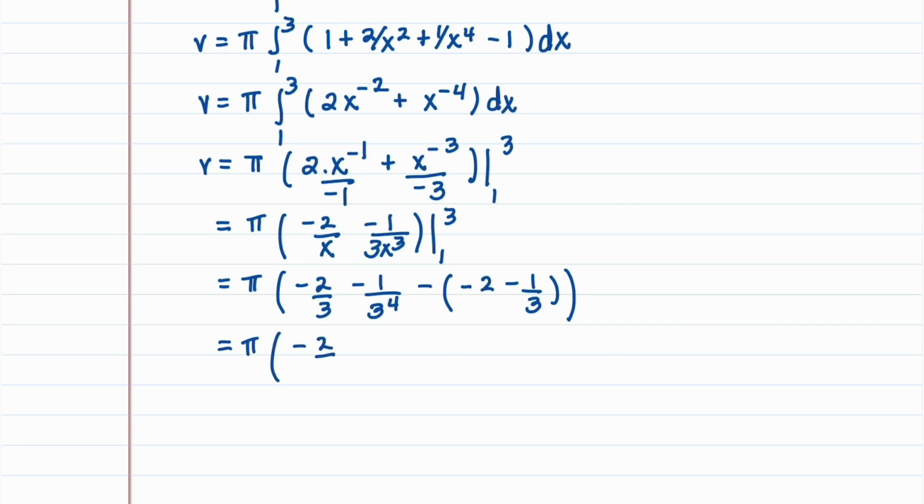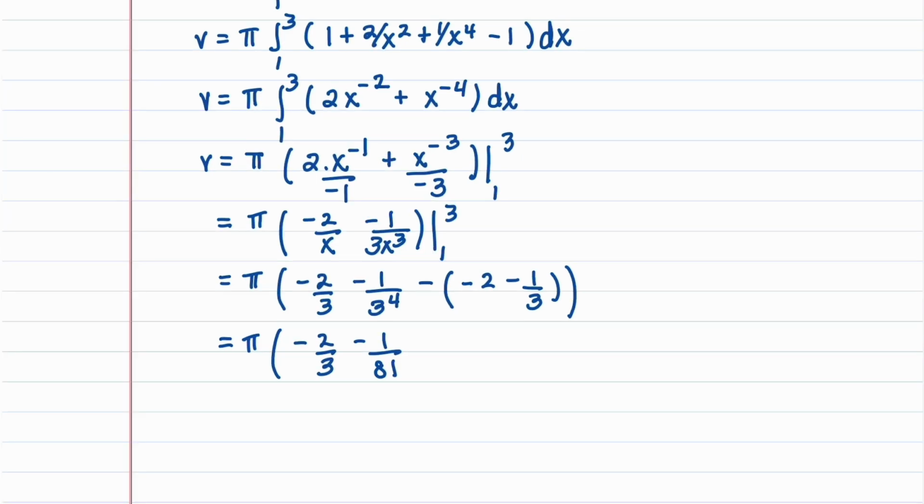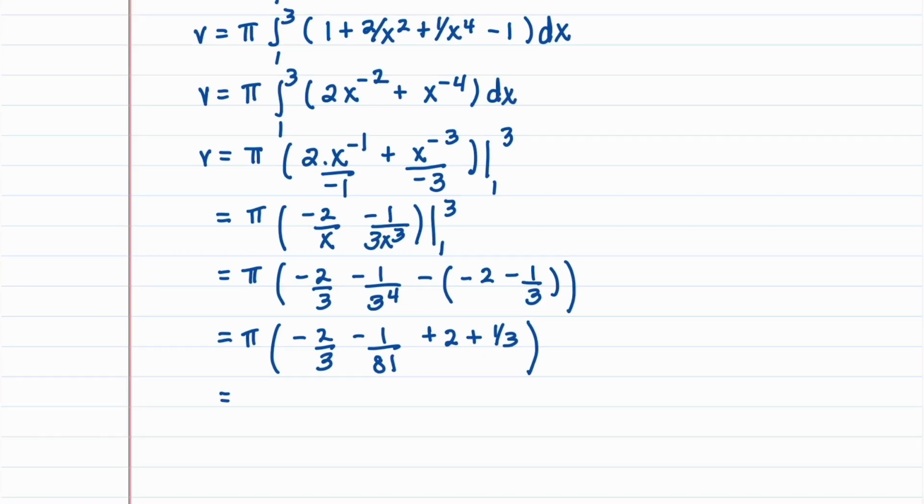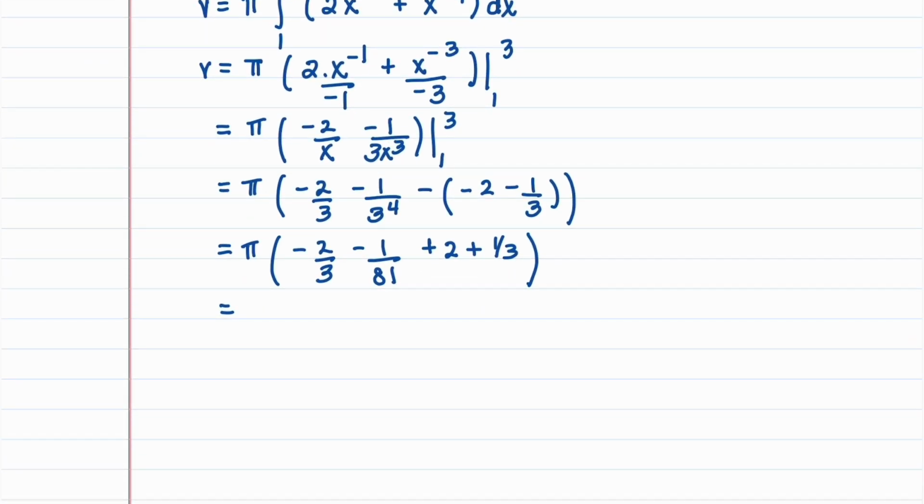This is a minus 2/3. 3 to the 4th is 9 times 9, so that's just 81. And then we have plus 2 plus 1/3. Let's combine our 1/3 and our minus 2/3. This gives us a minus 1/3 minus 1 over 81 plus 2.